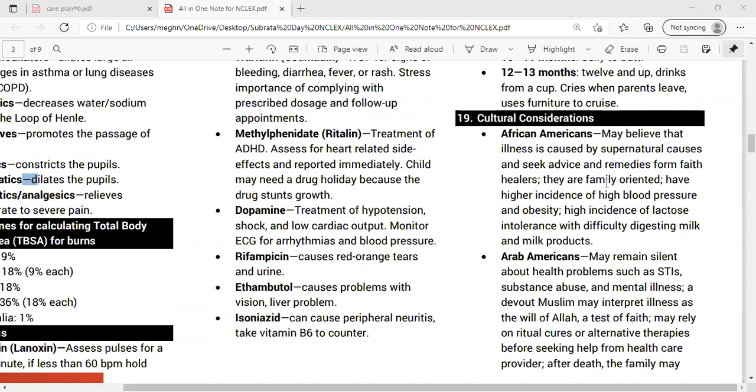They are family oriented and have a higher incidence of high blood pressure, hypertension, cardiac disease, and obesity. Also a high incidence of lactose intolerance, with difficulty digesting milk and milk products.